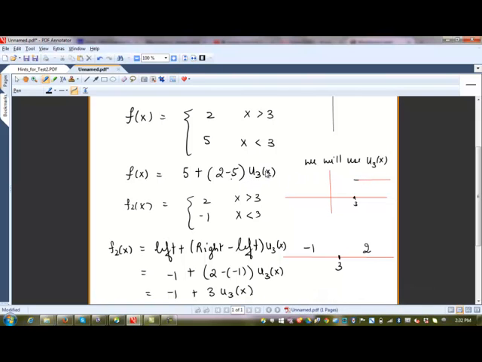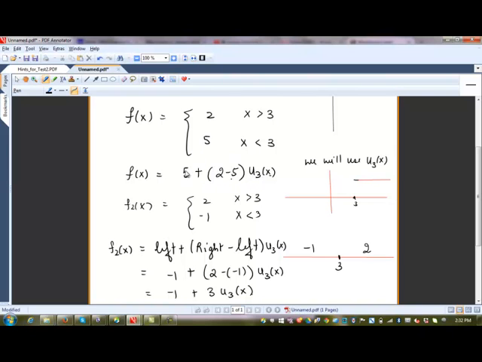So if x is bigger than 3, u3 is 1, and then here you get negative 3 plus 5, which is 2. When x is less than 3, u3 is 0, so you get just 5. So when x is less than 3, u3 will be 0 and any multiplication by u3 will not give you anything.